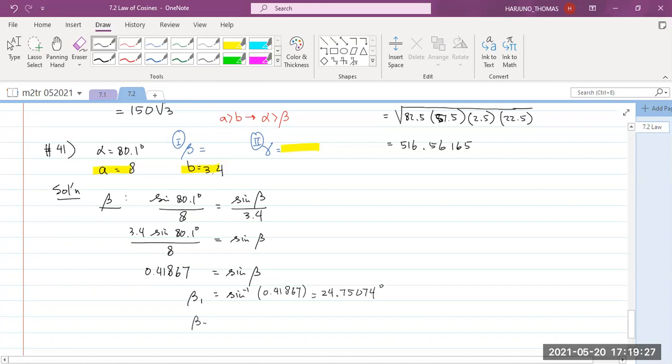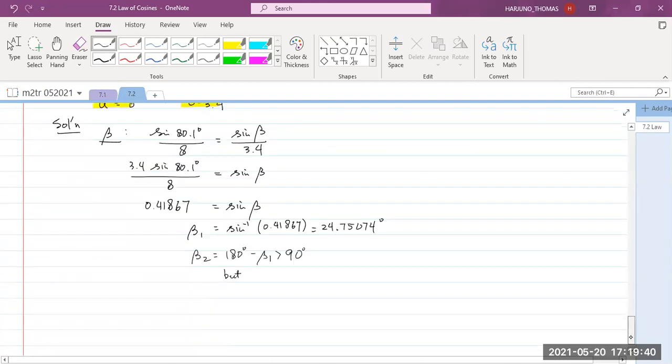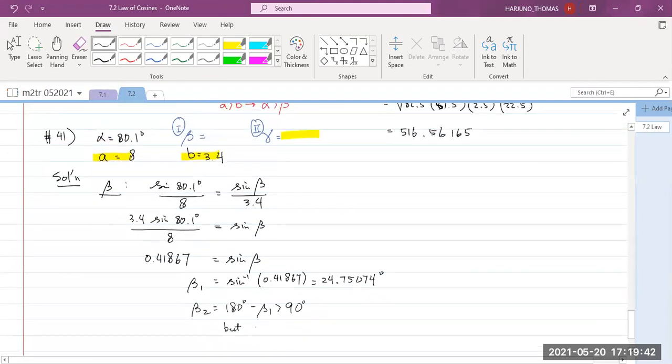And beta 2 is 180 degrees minus beta 1, which is greater than 90 degrees, but A is greater than B, therefore alpha must be greater than beta.